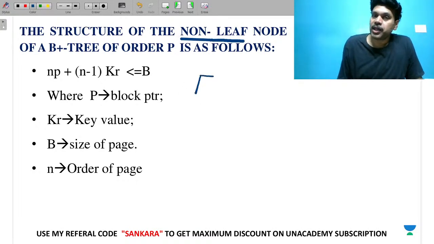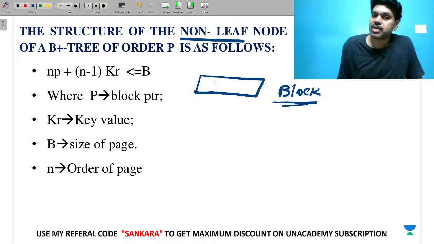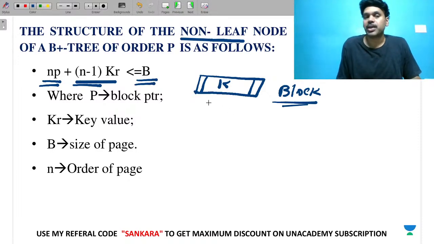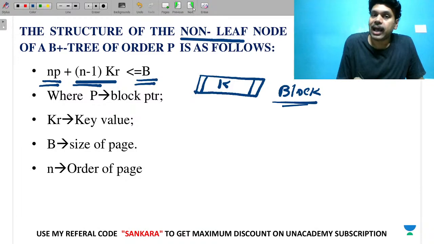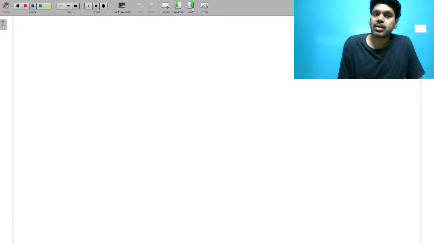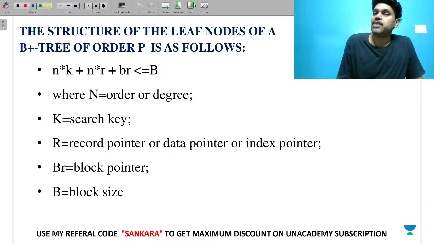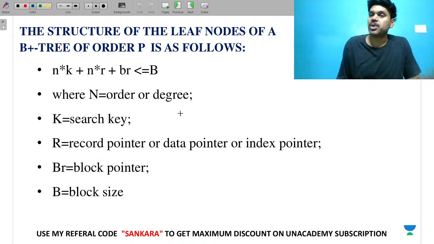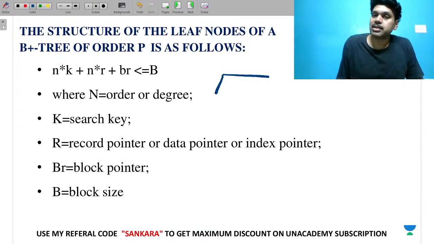This is your non-leaf node structure. If you take a database index block, this block consists of block pointers and keys. So n block pointers and n minus 1 keys are available in your block. Now if you look at the leaf node structure, what is it? I showed you the leaf node has three elements.